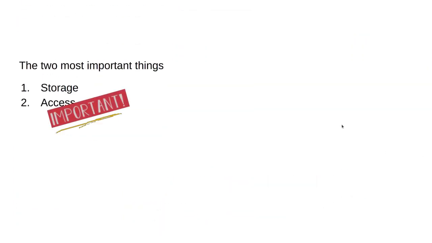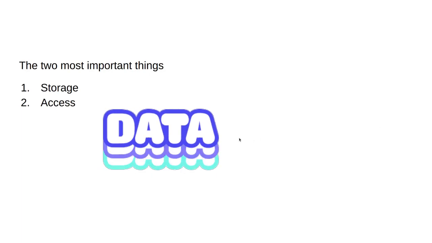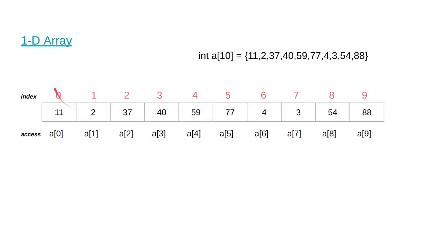The two most important things when it comes to arrays are learning how the data is stored in the array and how we can access the data. This is how a one-dimensional array looks in memory.